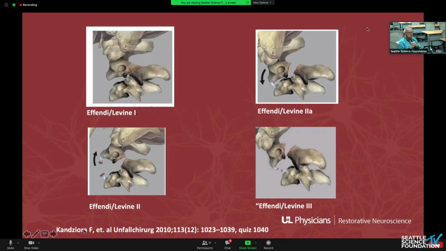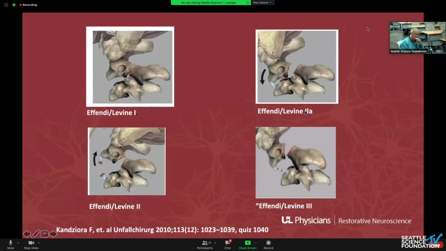So these figures here from the paper outlined below show the different groups. So the Effendi is basically no displacement, no injury to the disc. It's just a fracture through the pars. And then there is the Effendi Levine 2, which shows a fracture of the pars, the disc, and the anterior ligament.